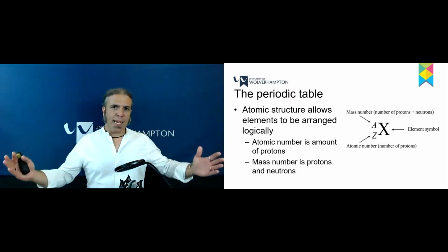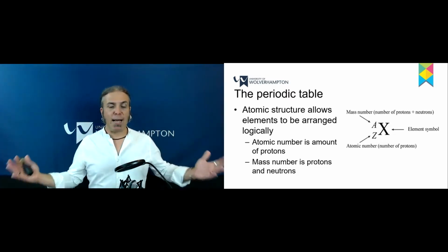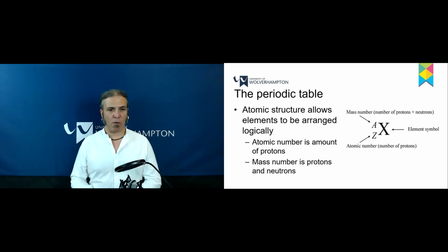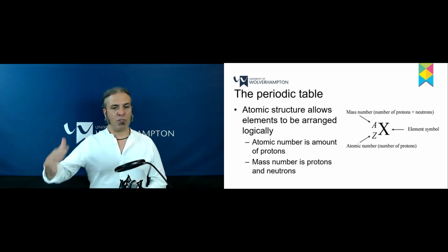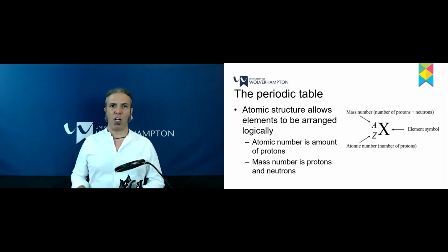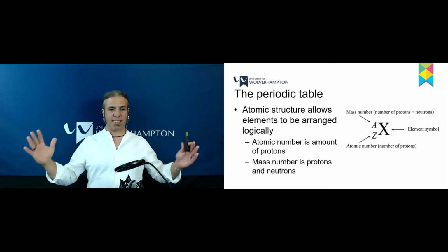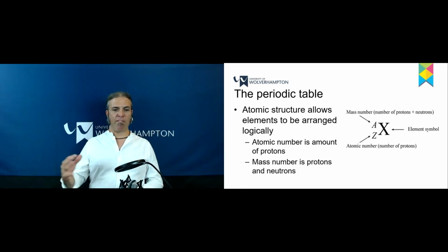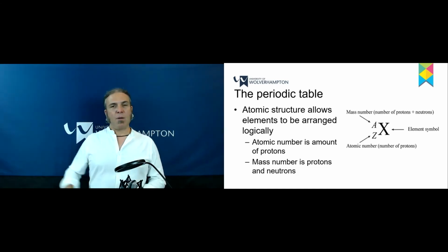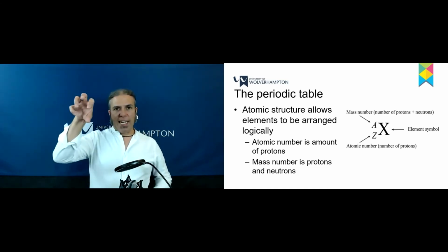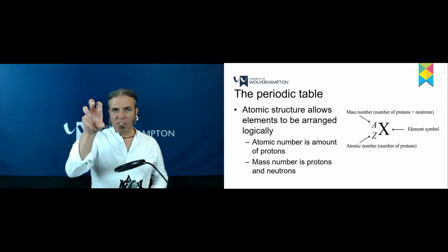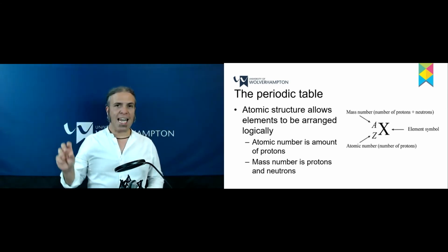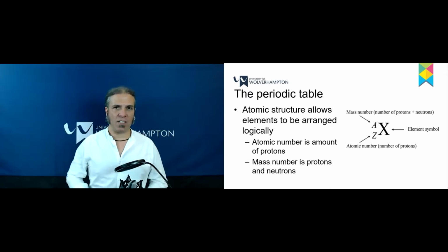So we wouldn't be getting very far in chemistry without the fantastic periodic table. And it is atomic structure that allows elements to be arranged logically in that fantastic diagram, first put together by Mendeleev a very, very long time ago. Now, if we look, we've got a symbol for that particular element, and then we've got 2 other figures, labelled Z and A on this diagram.